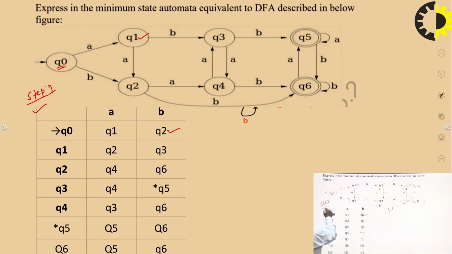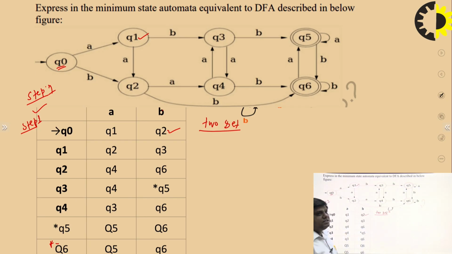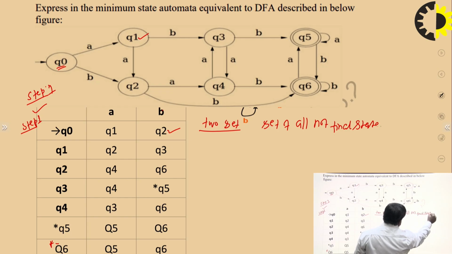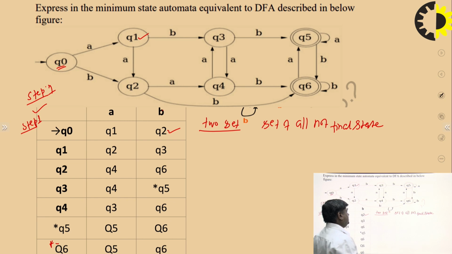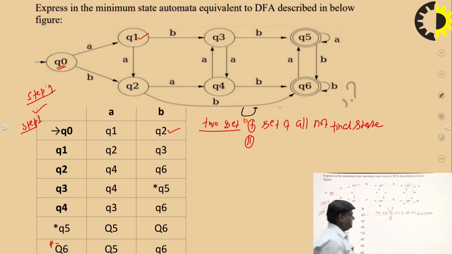Now, step 2. All these states are divided into 2 sets. The first set is the set of all non-final states, that is set 1, and set 2 is the set of final states.